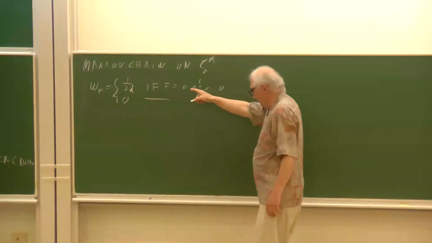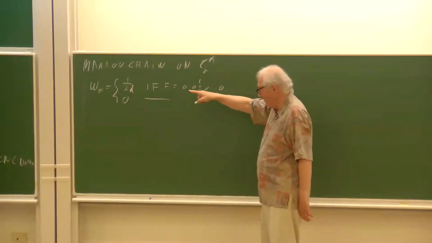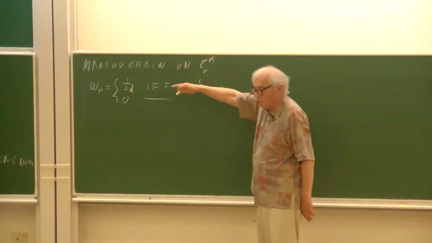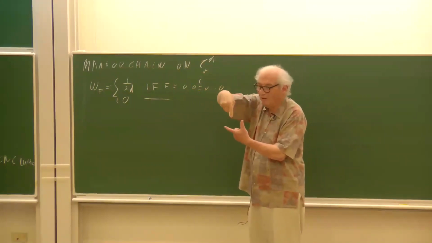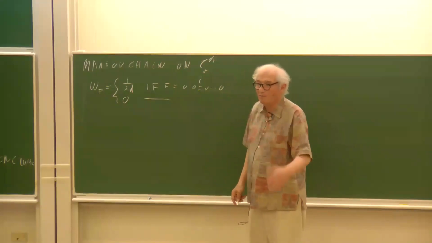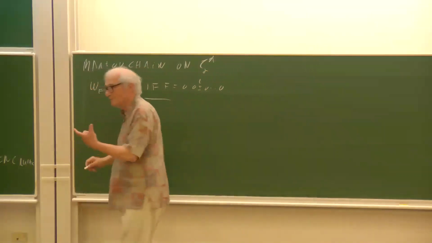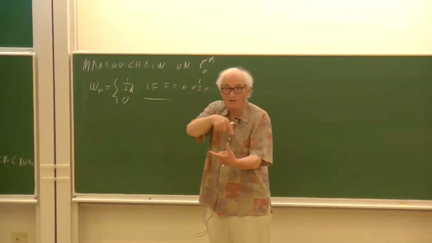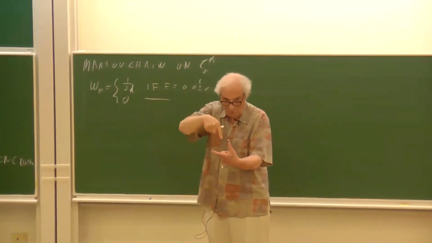So there are d possible places, okay? My face weights are constant, 1 over 2d, if the face has a plus or minus 1 in one coordinate and 0 in every other place. So what does my walk become? If I'm at a binary d tuple, I pick a coordinate at random, and I change it to plus or minus 1 by flipping a coin.